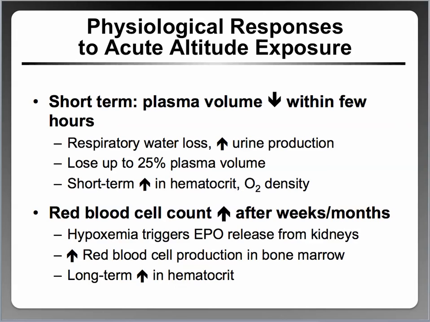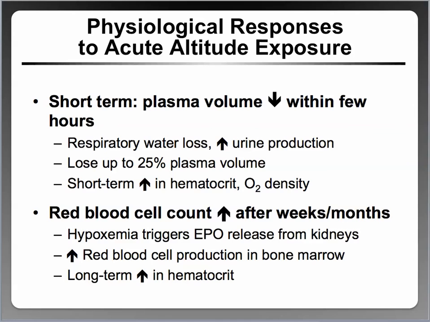So basically what you're left with is a greater proportion of red blood cells, and because of that, you see a short-term increase in hematocrit. This does have some benefit because you have more red blood cells, so you've got a greater ability to deliver oxygen to the muscle for any given cardiac output.